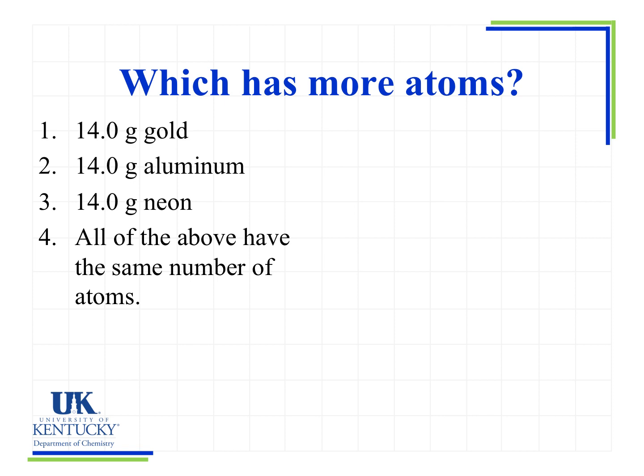To answer that, you have to check the molar mass of each of these three, and I'm going to write them for you. Gold is about 200 gram per mole, aluminum is 27 gram per mole, and neon is 20 gram per mole.